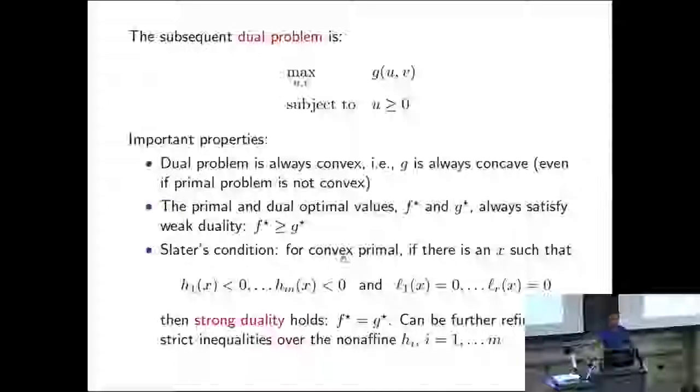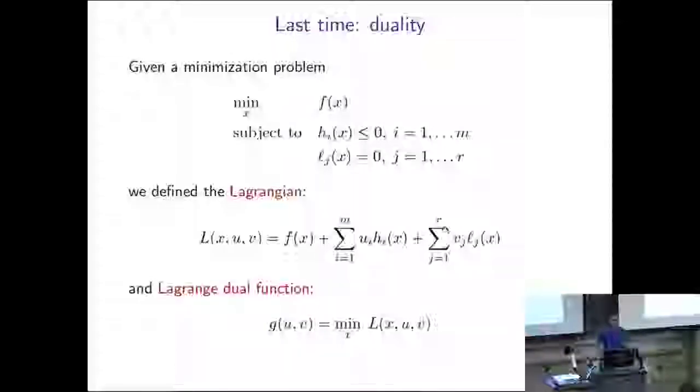If the problem in the primal was convex, so if this problem was convex, and there was a point that satisfied the inequality constraints strictly, so there had to just exist some value of x for which h_i of x is strictly less than 0 for all i, then we get strong duality. Okay, geometrically this says something like the relative interior of the constraint set has to be non-empty.